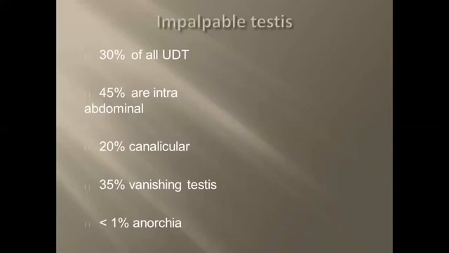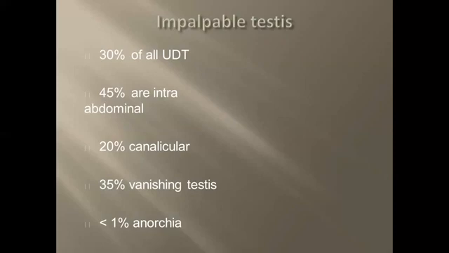Impalpable testes are 30% of all UDTs: 45% are intra-abdominal, 20% are canalicular, and 35% are vanishing testes. A vanishing testis is basically a testis that has either torted or is lost due to some other reason.